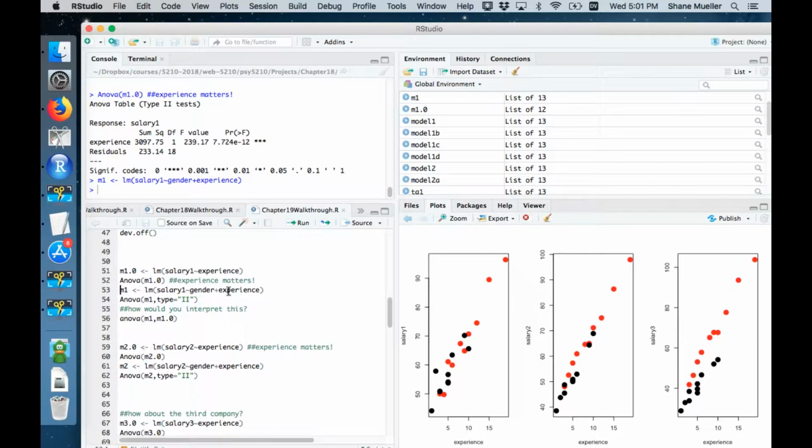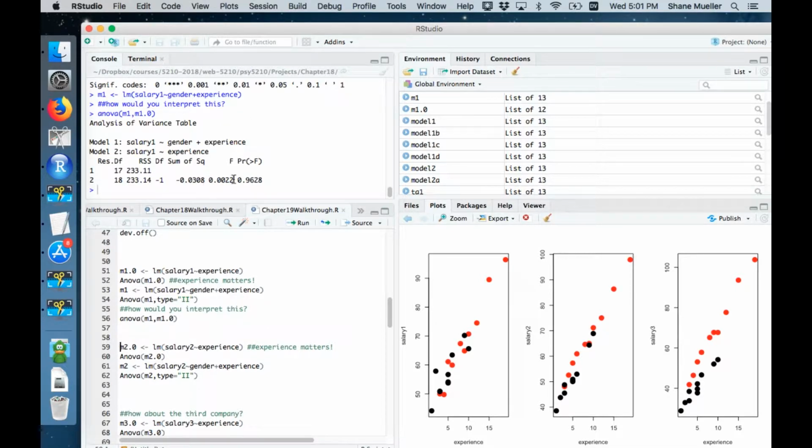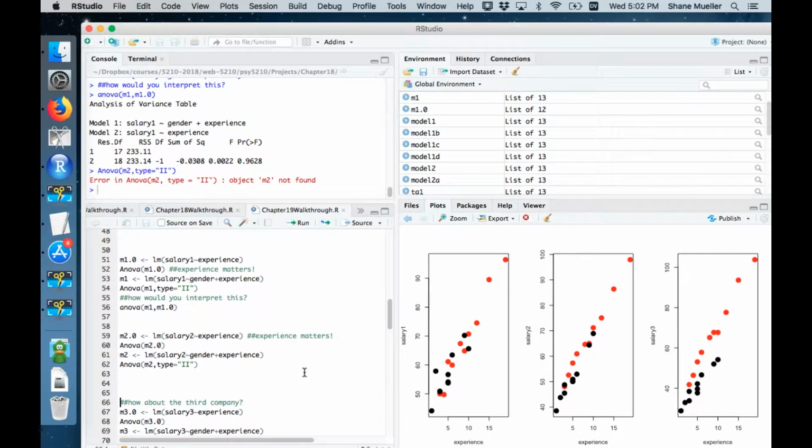We look at gender and experience in the context of experience to find the effect of gender. That's this test, and it has an F value for salary 1 that's very low, a p-value that's very high, so there is no effect of gender once experience is accounted for in this data set. And so I could do that as a type 2 ANOVA.